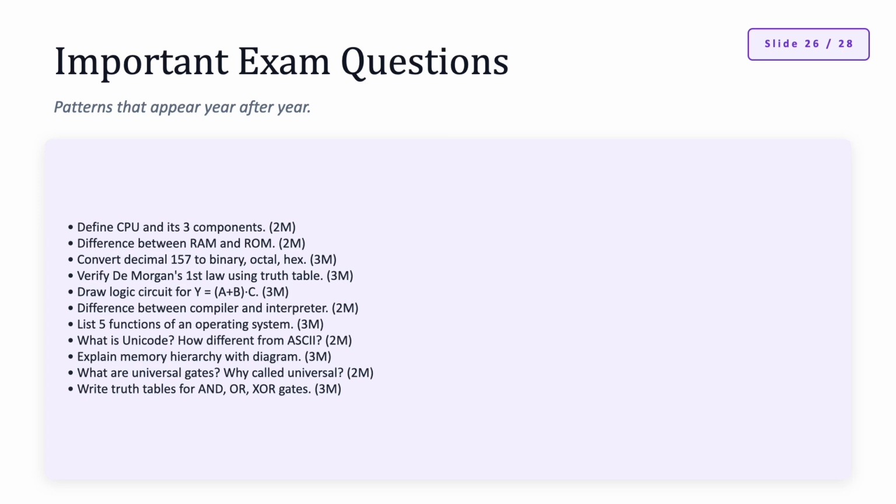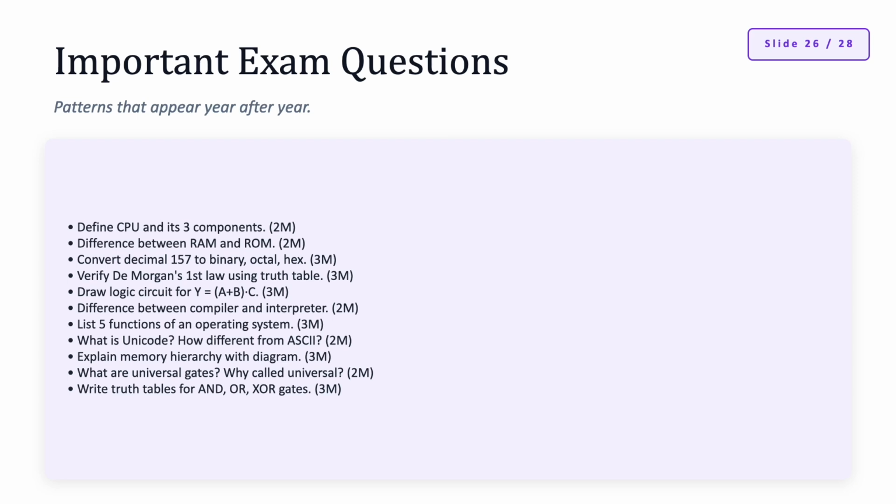Important exam questions. Define CPU and its components. Difference between RAM and ROM. Convert decimal 157 to binary, octal, and hexadecimal. Verify De Morgan's law, first law, using truth table. Draw the logic circuit for Y equals A plus B into C. Difference between compiler and interpreter.